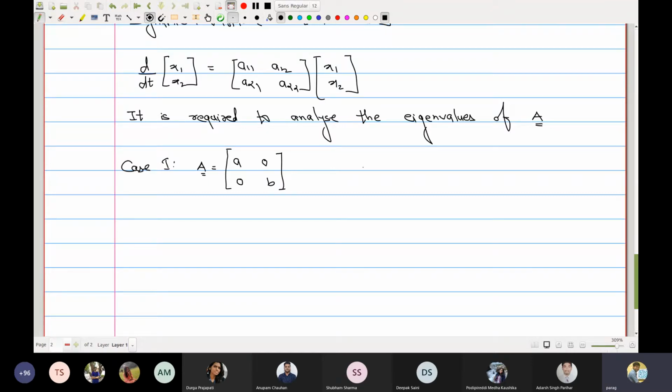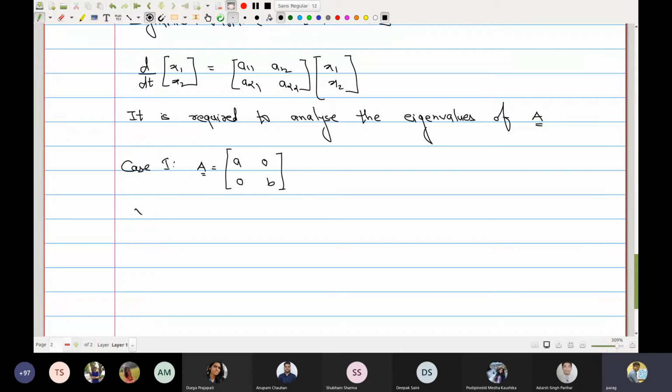If you come across a dynamical system which can be cast as this particular set of two first order ordinary differential equations, or this particular matrix equation where you have a vector of dimension 2, and if your matrix is of the form a 0 0 b, then what are the eigenvalues?